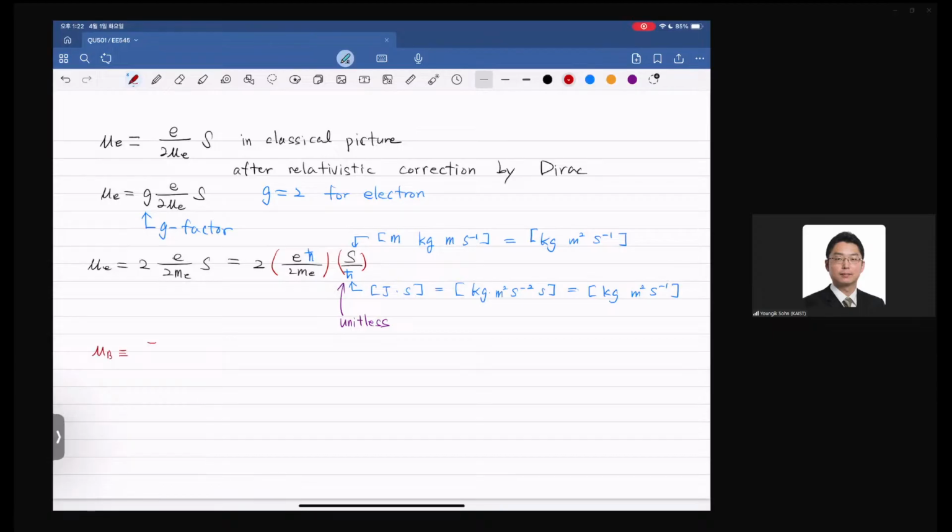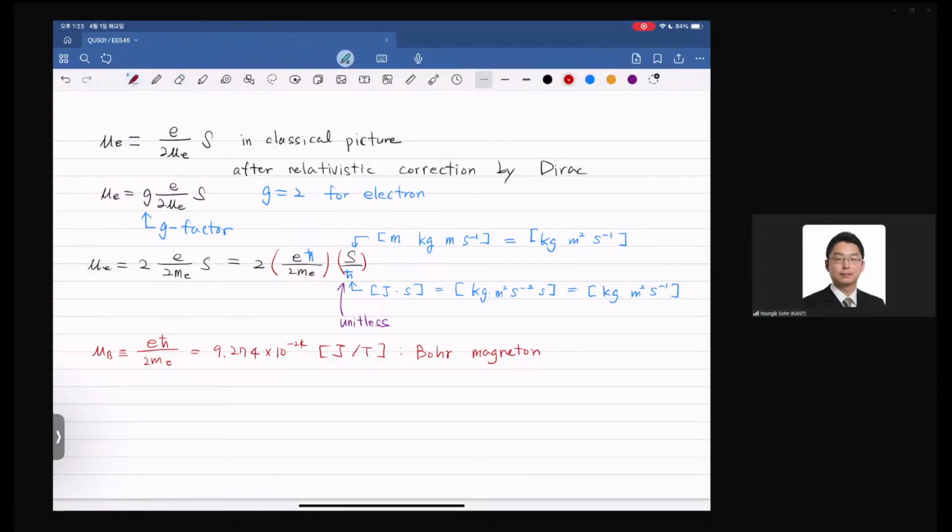It's defined as this. The Bohr magneton.